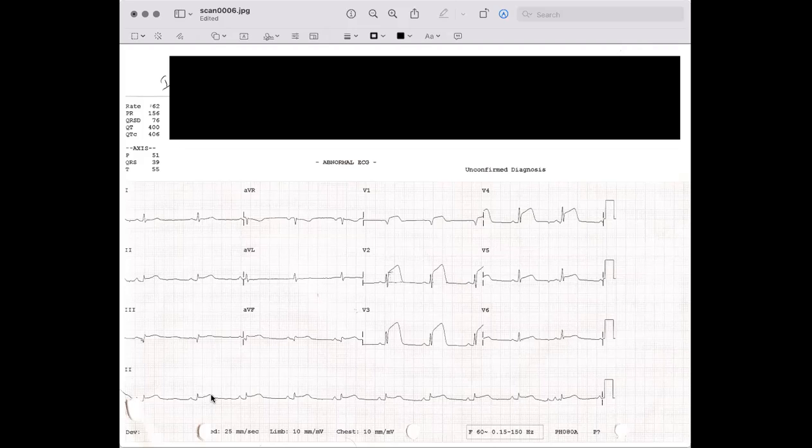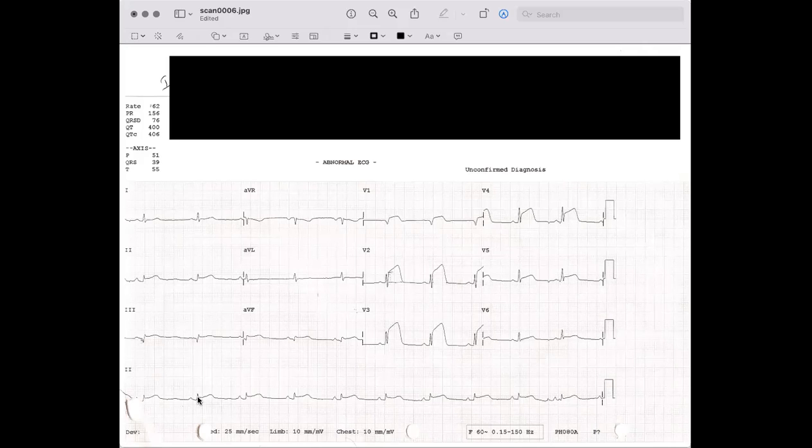You can calculate the small boxes between here and here and divide 1,500 over the small boxes. But the easier way, whenever it's not a slow heart rate: just calculate the QRSs and multiply by 6.